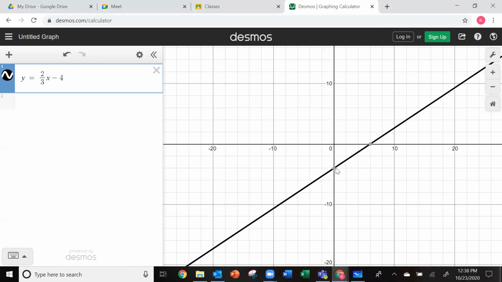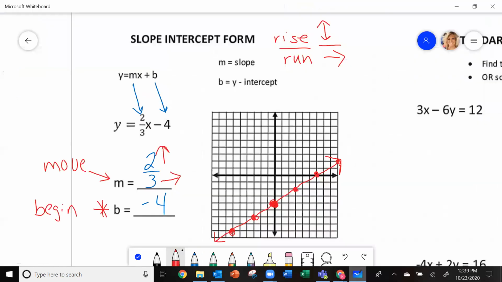My y-intercept is at 0, -4. My x-intercept is 6, 0. So let's look here. Is my x-intercept at 6, 0? 1, 2, 3, 4, 5, 6. Sure enough, here is my x-intercept, 6, 0. My y-intercept is 0, -4.